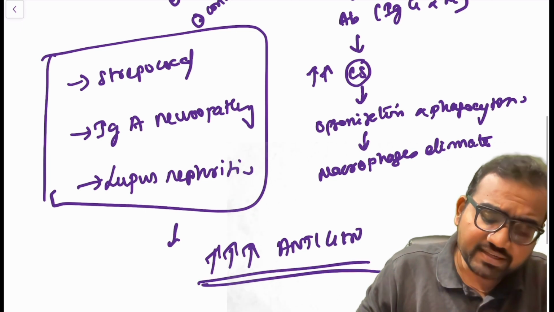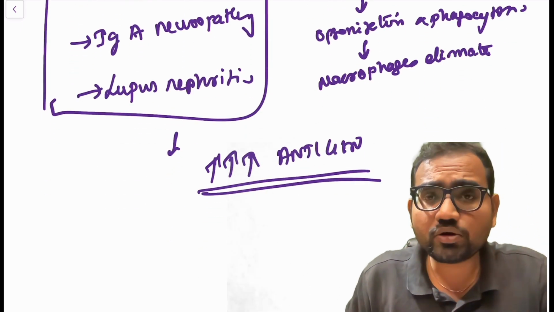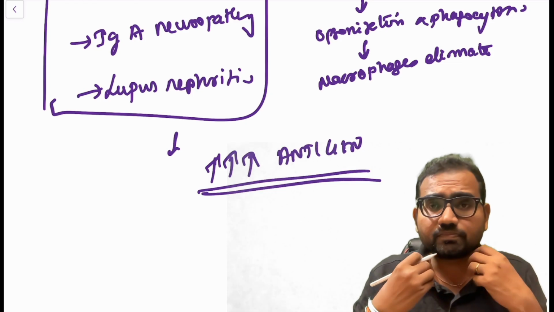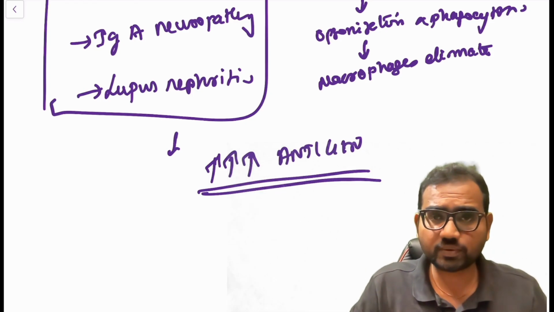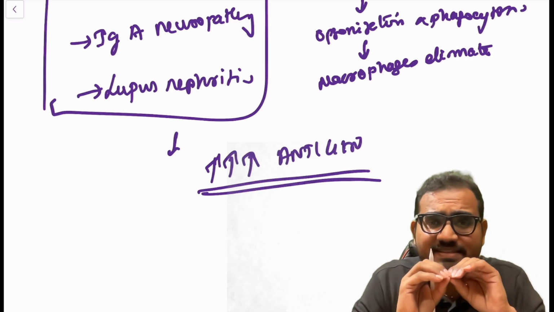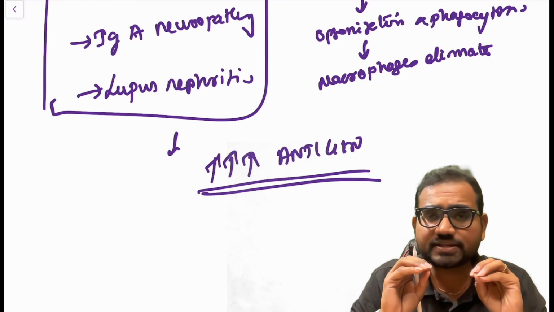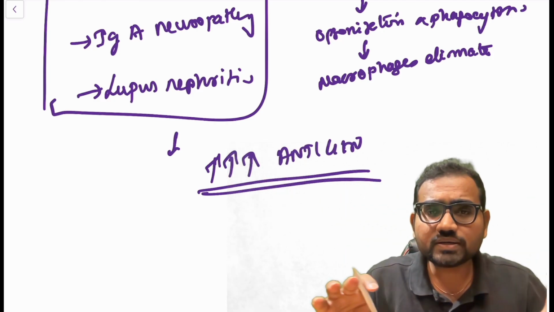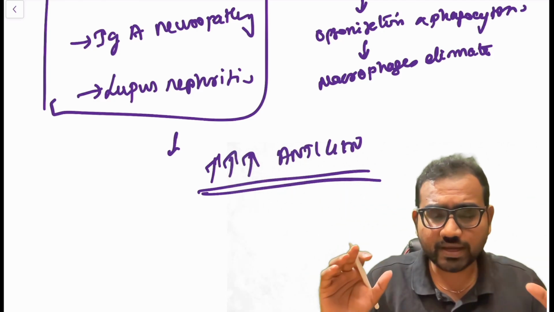When there are increased antigens, the antibodies produced by the body will not be able to compensate for it. So what happens? These antigens start slowly depositing over the blood surfaces. So what happens?